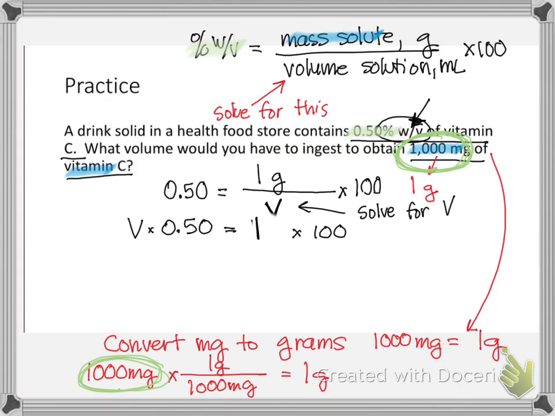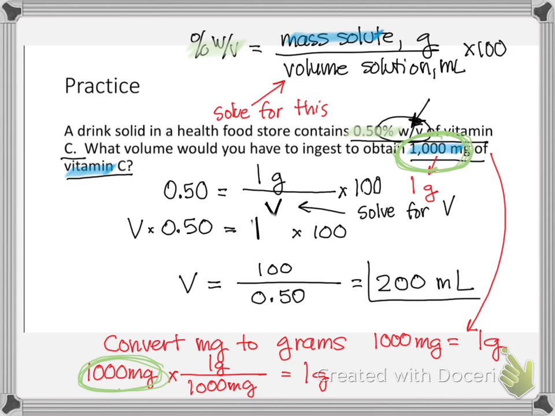So now I have V times 0.5 equals 1 times 100. Well, 1 times 100 is 100. So I'm going to divide the 0.5 over. So V equals 100 divided by 0.50. So that would equal 200 milliliters. So that is how much I would have of this solution to drink, 200 milliliters of solution.